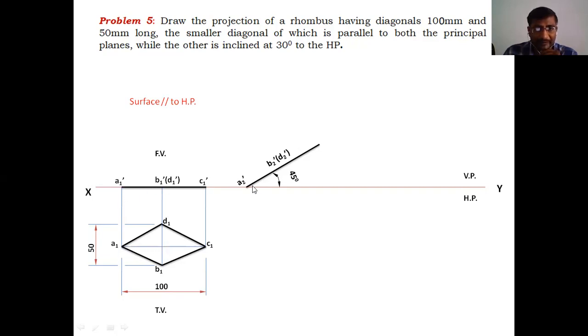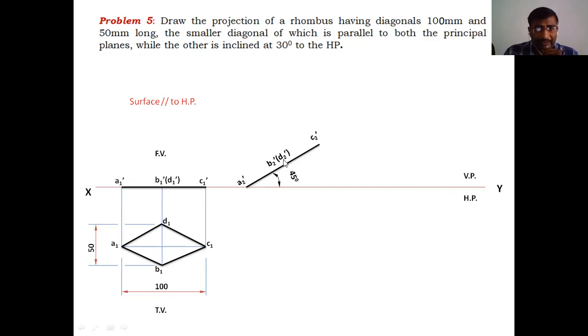So from A2 dash, locate B2 dash of D2 dash at a distance of 50 mm. From that point, again locate C2 dash at a distance of 100 mm from A2 dash. This total line length is 100 mm. This 100 mm line is rotating in the second stage. Okay.